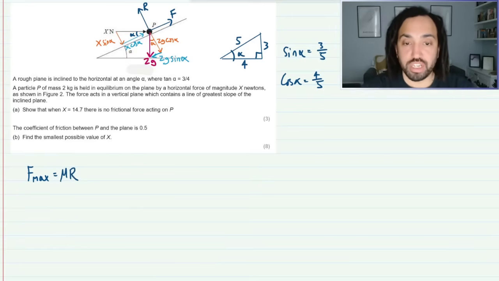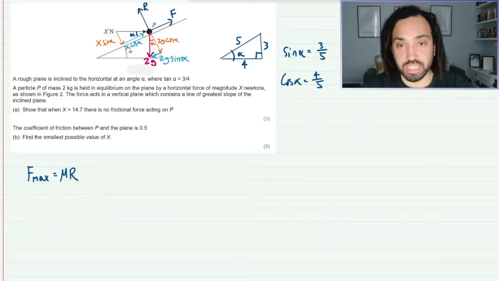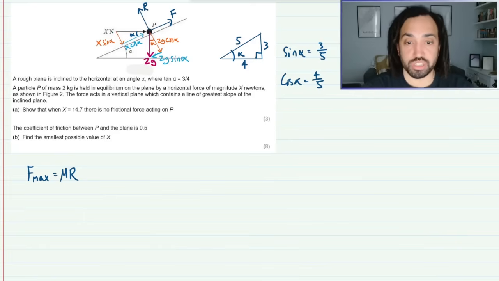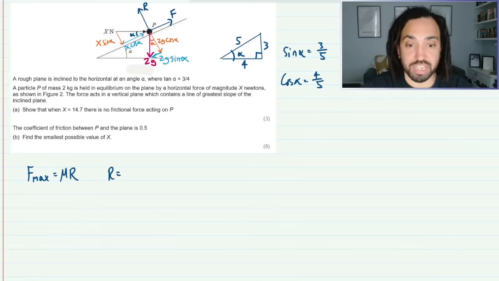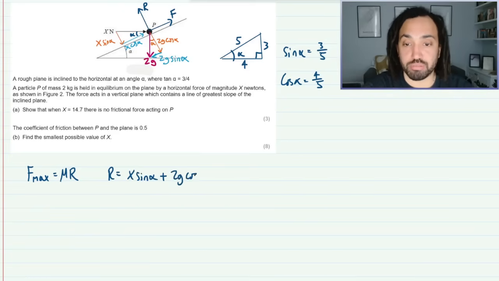Okay, so let's find R, which is not trivial, so be careful not just to assume that it's the same as 2g cos alpha. If we look at all of the orange forces, we can see that R balances with X sine alpha and 2g cos alpha combined.